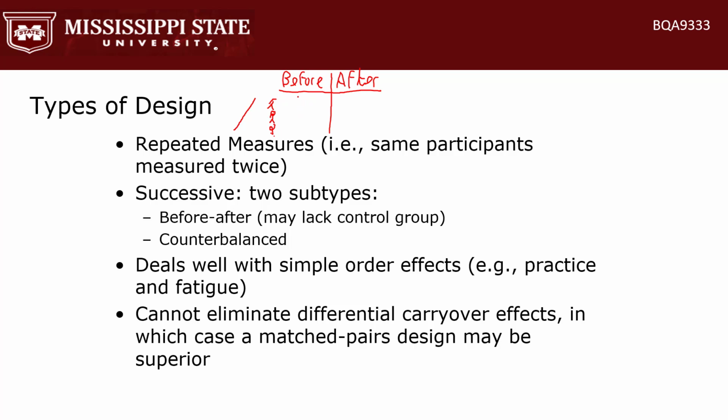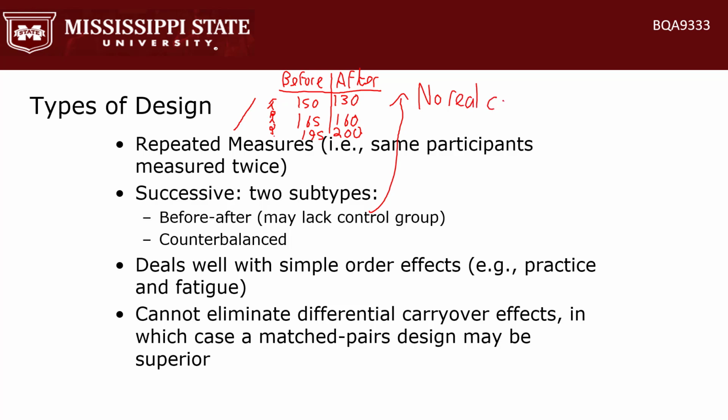So we have the weight in pounds. And this person didn't do any of the exercises they're supposed to do, and this person gained weight. So this is a before or after experiment. One potential issue with this type of experiment is we have no real control group.